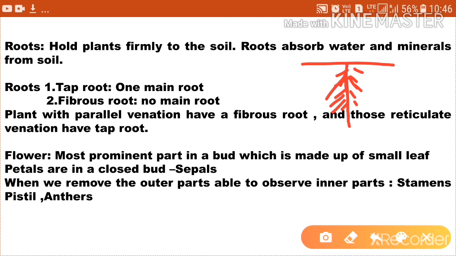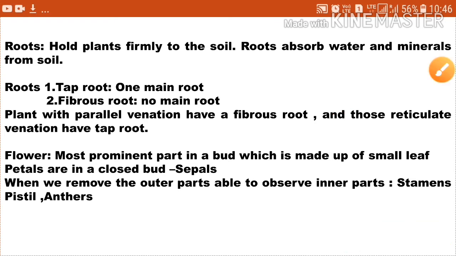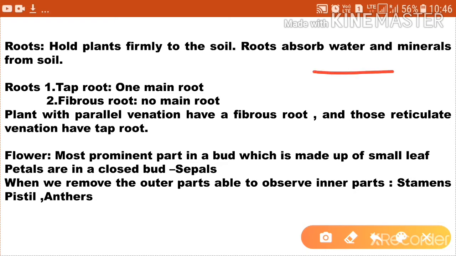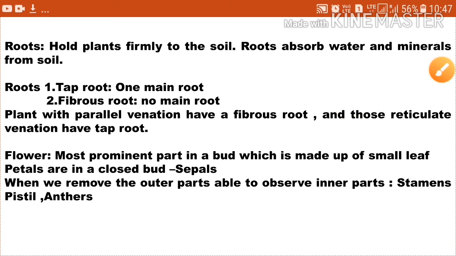One main root. And a fibrous root doesn't have a main root. That is a fibrous root. Plants with parallel venation have a fibrous root, and those with reticulate venation have a taproot.